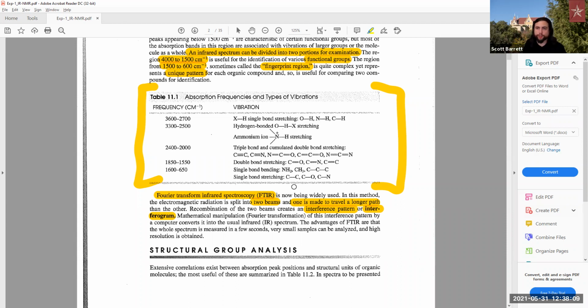And once again, this is where I was saying that sometimes it gets a little bit more ambiguous, because when you have a giant compound with multiple single bonds, the 1600 to 650 region can be less informative because you're just going to have so many of those bonds in most compounds that it won't be as relevant as if you had one triple bond.